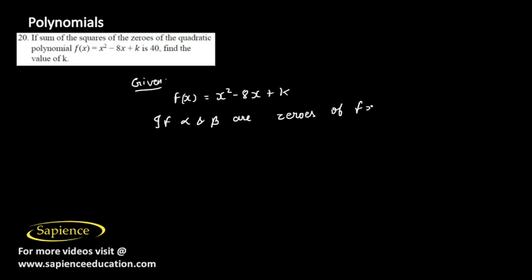So it is given f of x as x square minus 8x plus k, and if alpha and beta are zeros, then it is also given that sum of the squares of zeros, so square of alpha plus square of beta, their addition will be equal to 40. Let's call this equation 1.